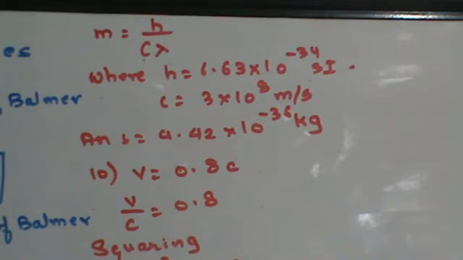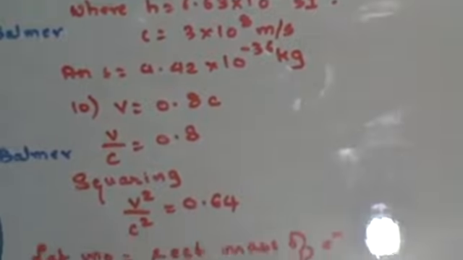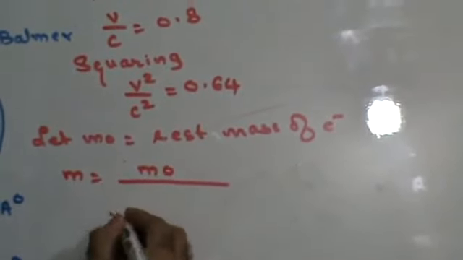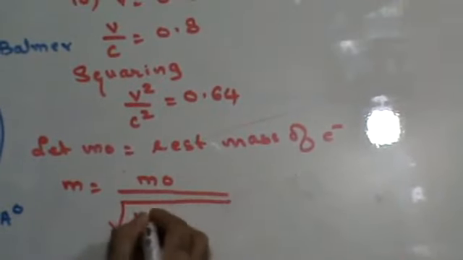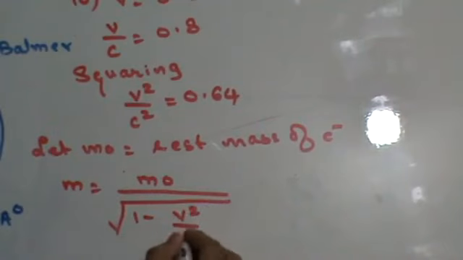Now let us assume that m0 be the rest mass of the electron. If m0 is the rest mass of the electron, then while moving, the mass of the electron will be m0 upon square root of 1 minus v square upon c square.